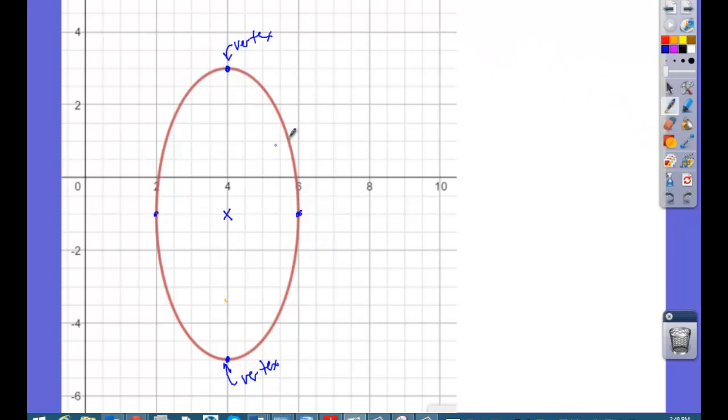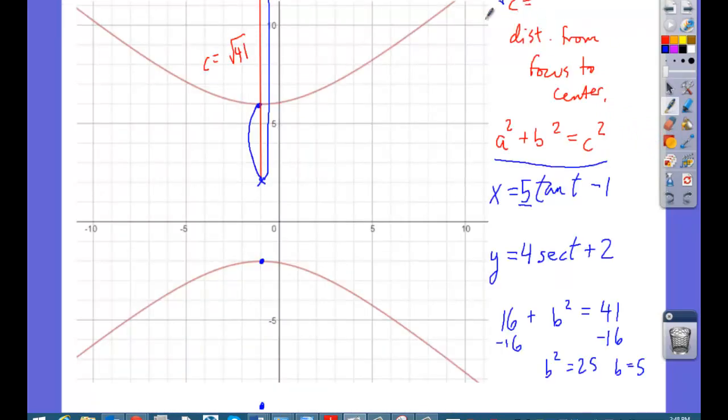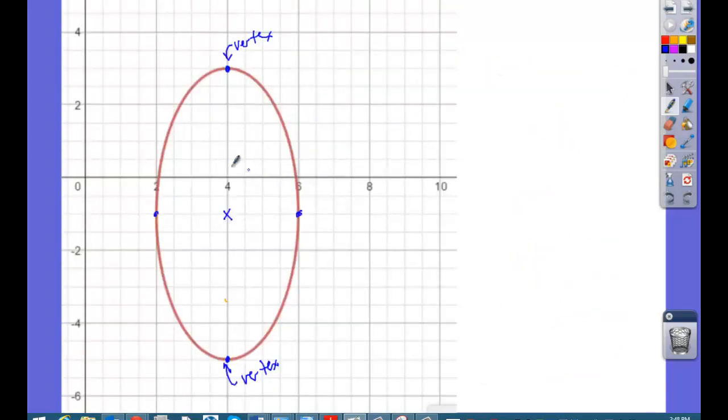So in this case, once again, c, just as before, is the distance from the focus to the center. That's still true. And this time the relationship is a squared minus b squared equals c squared. A and b, as you know, are kind of like radii. Half the length of an axis is going to be a or b.